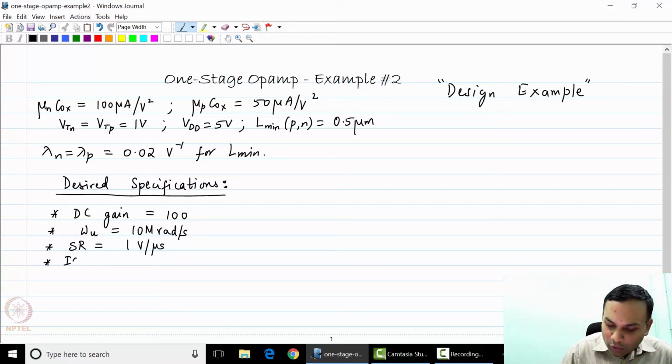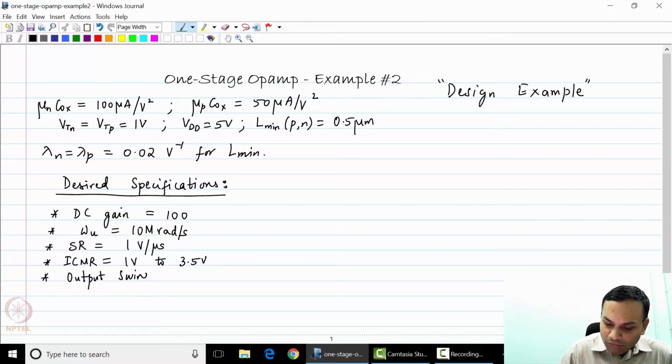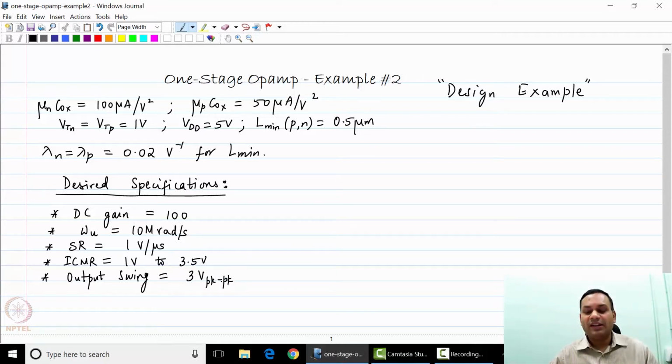The input common mode range should be between 1 volt to 3.5 volts, and the output swing should be 3 volts peak to peak. So these are the minimum required.